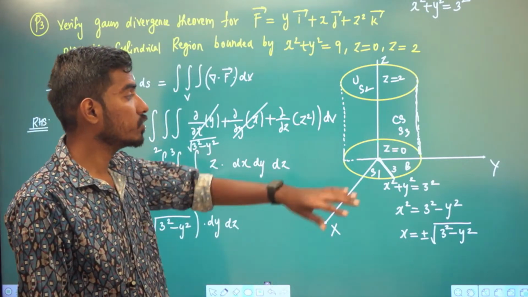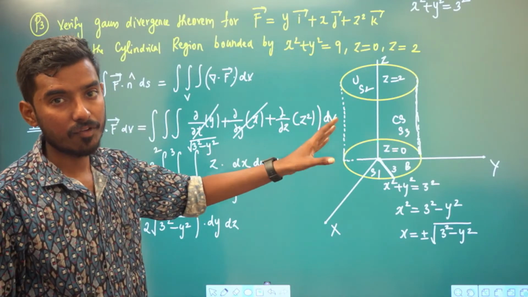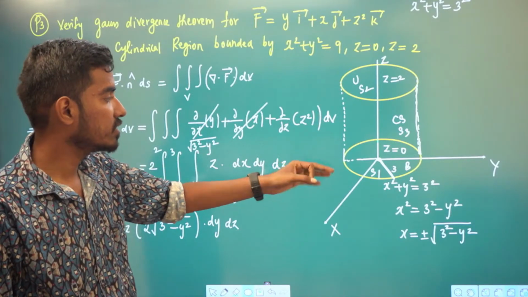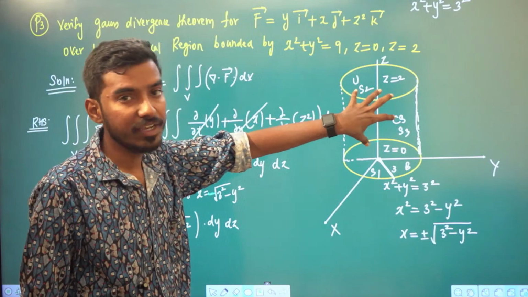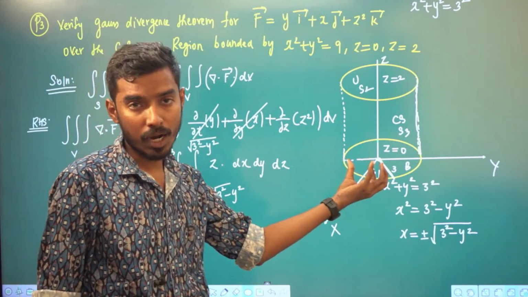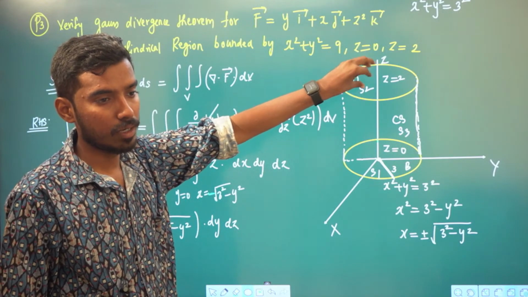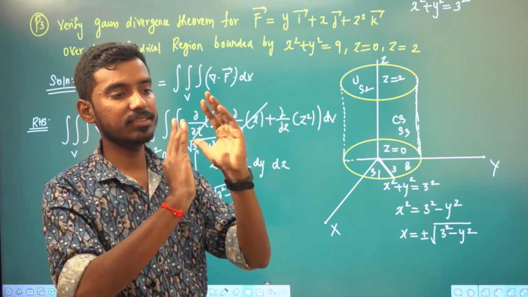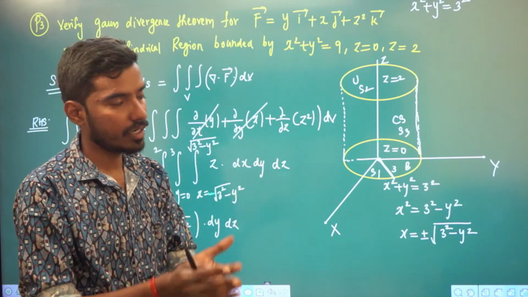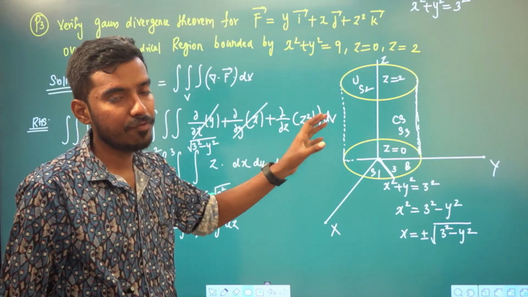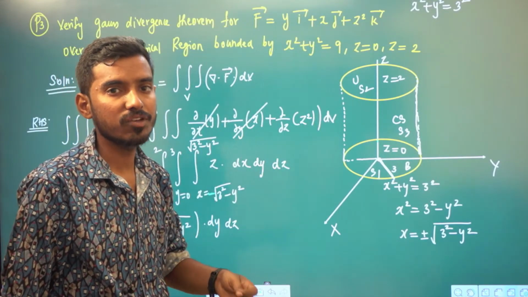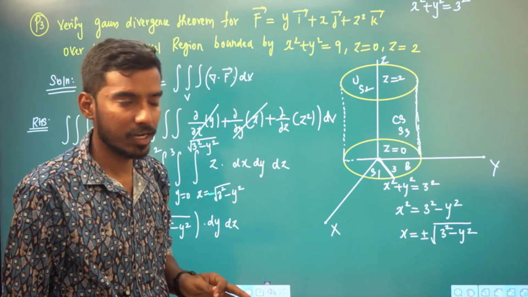How do we solve it? First, we need to find the volume integral. For the surface integral, there are three surfaces: S1, S2, S3. S1 is the bottom surface, S2 is the upper top surface, and S3 is the curved surface. For the curved surface, you need to find n cap using the formula del phi by modulus of del phi.